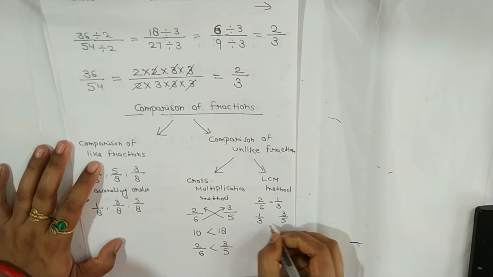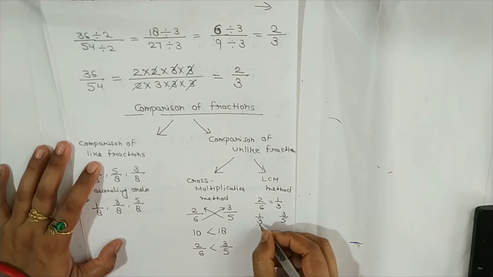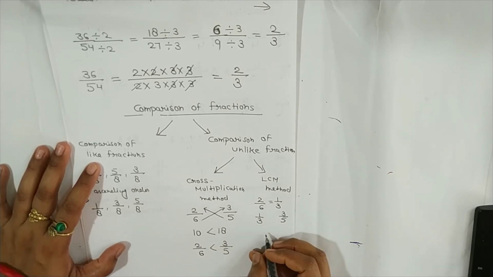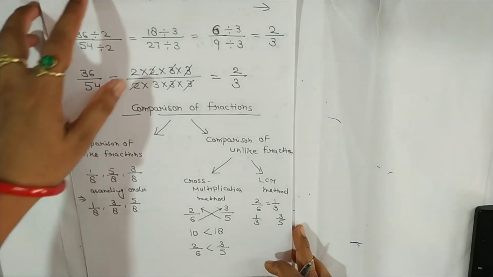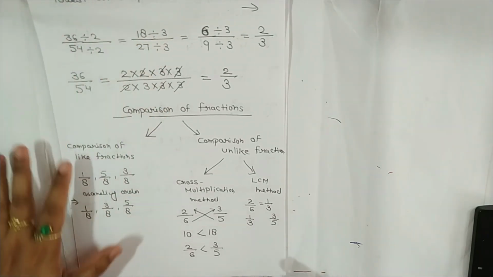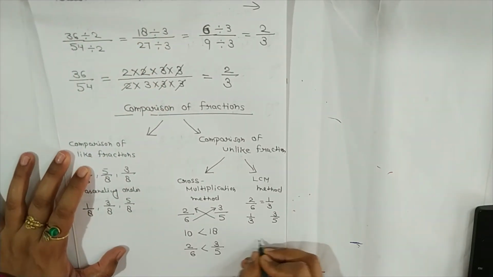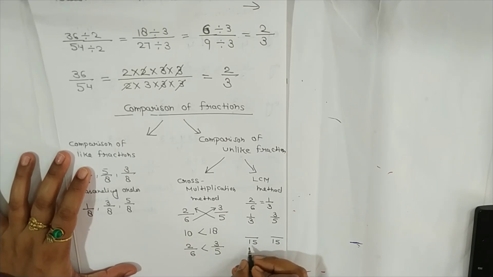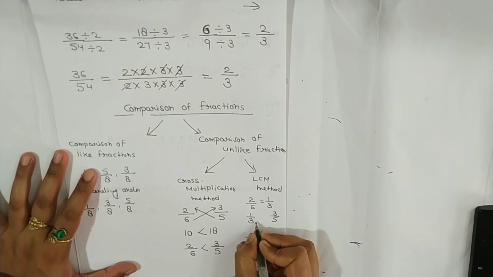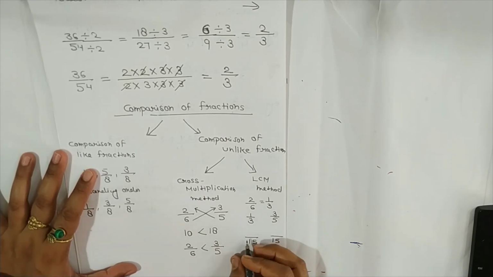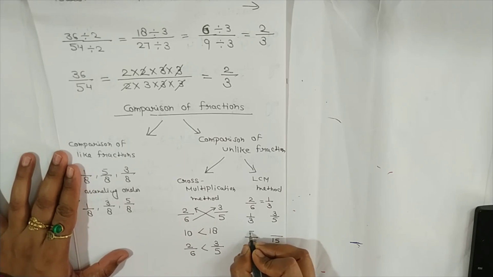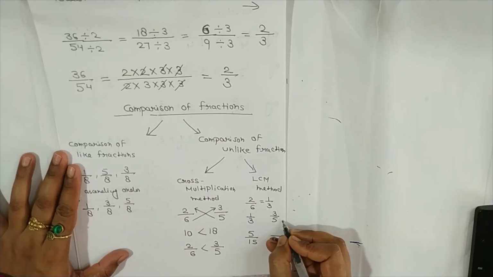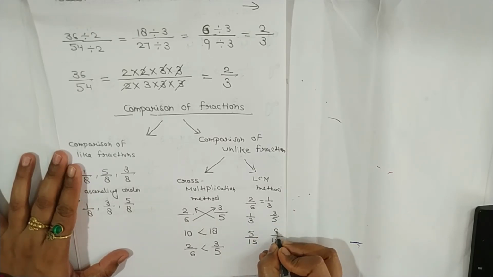Yes, the LCM will be 15 because these two numbers are prime numbers, so the LCM is equal to the product of these two prime numbers. Now we have to make the denominator equal to the LCM. So we multiply by 5 here and in the numerator as well. So 5 here, and it will be 3 3s are 9.